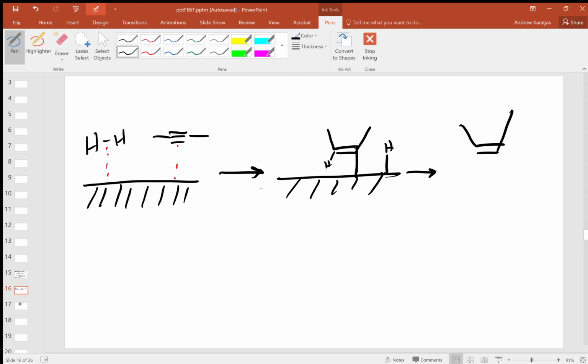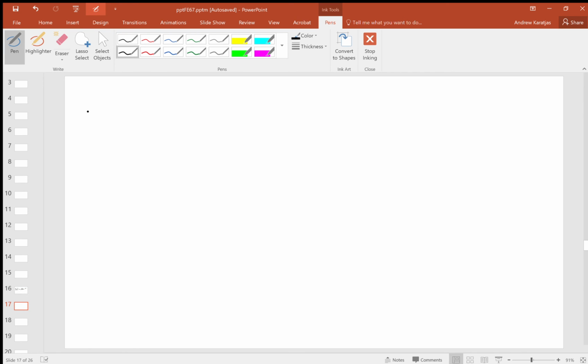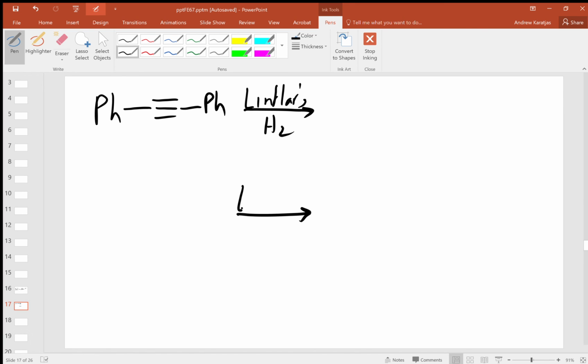And so this gives us, regardless of our starting alkyne, a fairly easy way to make cis alkenes. And making cis alkenes, it turns out, is a fairly useful thing to be able to do. As we've talked about with alkenes, in most cases, the trans alkene is more stable.